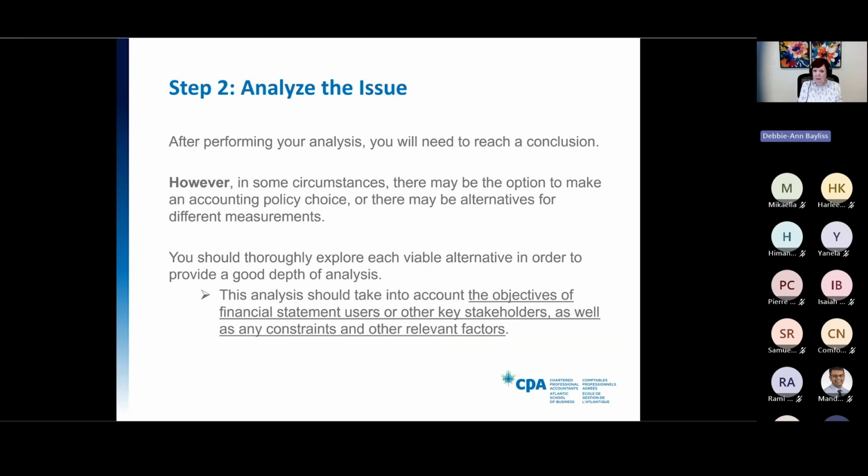Under ASPE, when it comes to development costs, if it meets the criteria for intangible assets, the user has the option of capitalizing those development costs, or they can expense it. So you need to talk about that accounting policy and discuss what their objectives are.